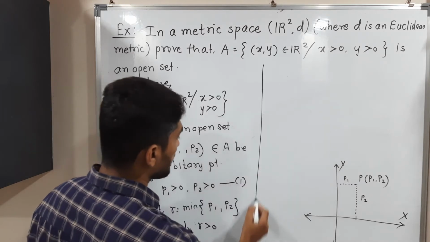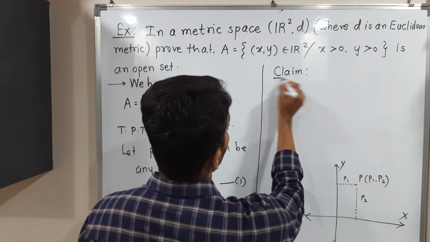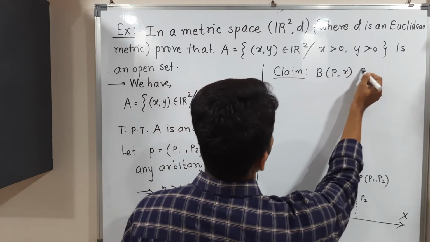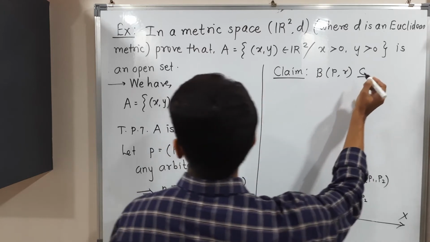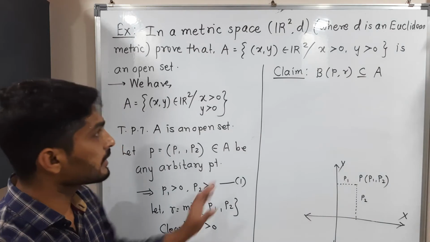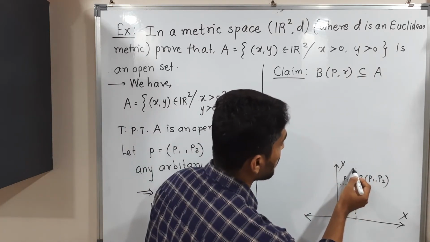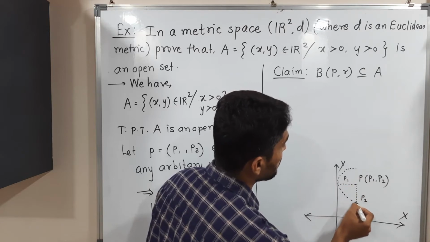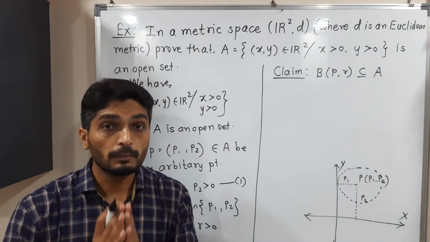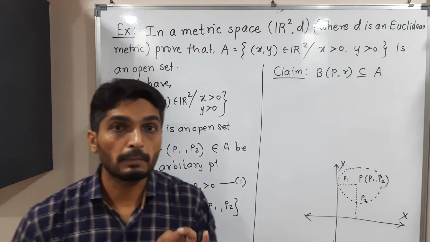See, what is my claim now? This is the thing I am going to prove. My claim is B(P, R) is a subset of A. I am going to prove that if you consider a ball with center P and radius R, an open ball like this, then it will entirely lie inside set A. In the diagram we can easily understand, but we have to prove it mathematically.